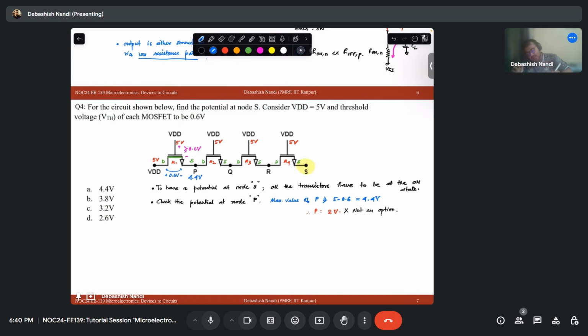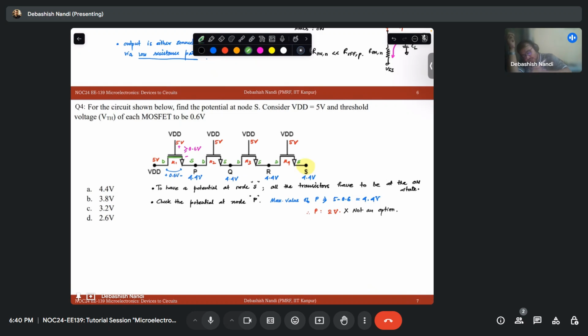Okay. Now what about Q? What about node Q? Does node Q need to be at a lower potential than P node? It is not, right? It can sustain 4.4 volt. Similarly, R can also sustain 4.4 volt and S can also sustain 4.4 volt.